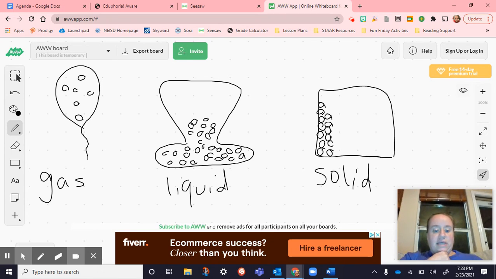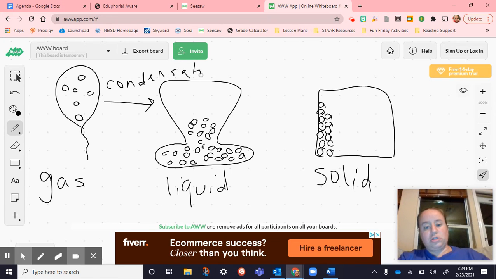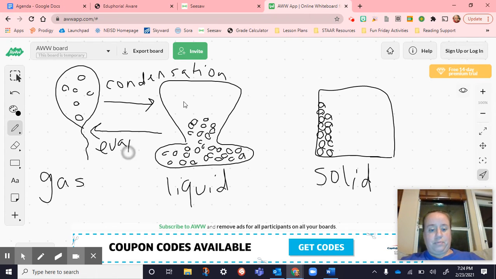So when you take a gas and you want to turn it into a liquid, if you remember back to our water cycle unit, this is called condensation. Condensation. If you want to take a liquid and turn it into a gas, you have to heat it. This is the process called evaporation.